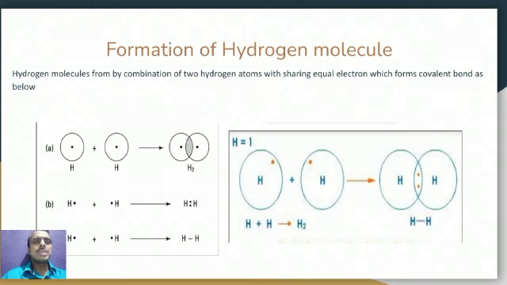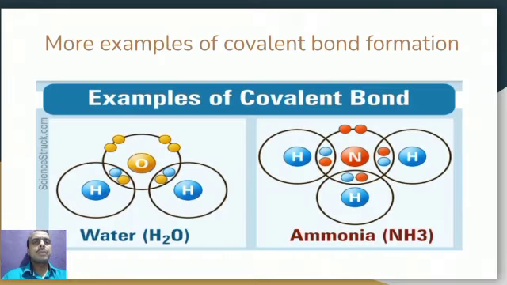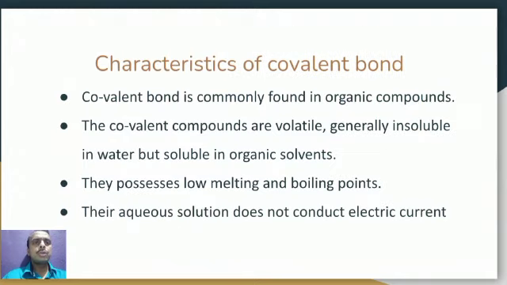Here in this figure, both the hydrogen atoms equally share the electron, which forms the covalent molecule. These are the examples of covalent bond formation: water molecule and ammonia molecule.